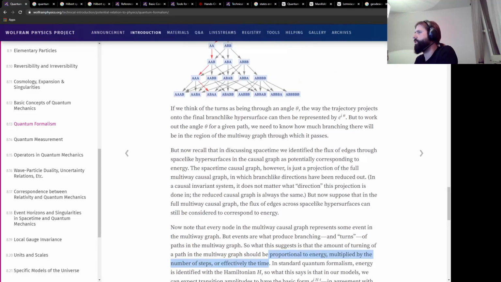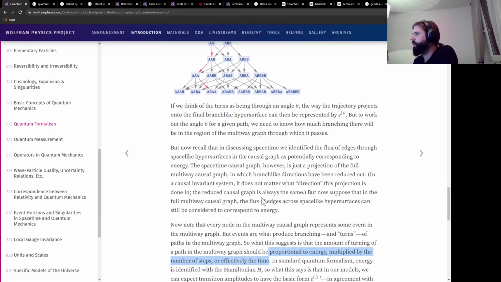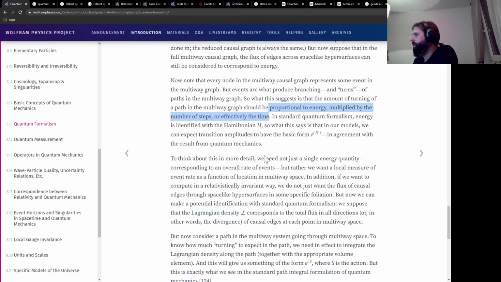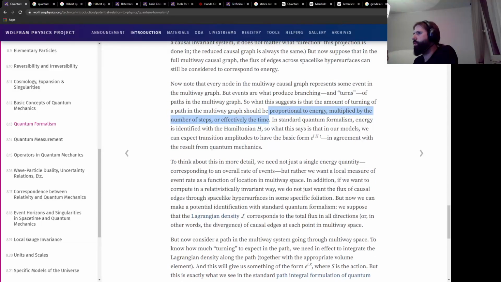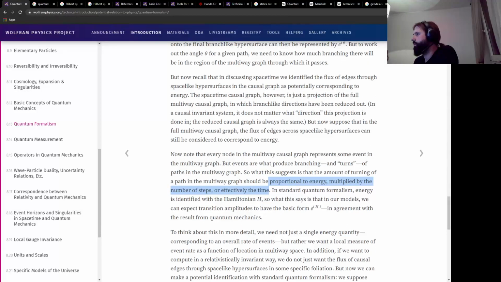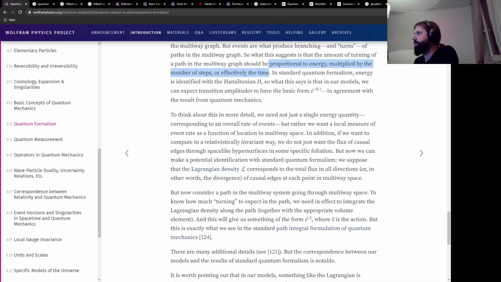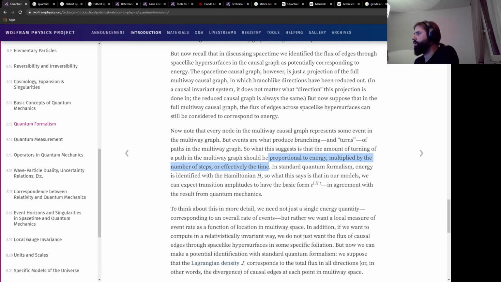It's telling you how the energy of a system is evolving. So here we start touching some interesting points, which I'll definitely have to dig into. So energy and evolution, transition amplitudes.